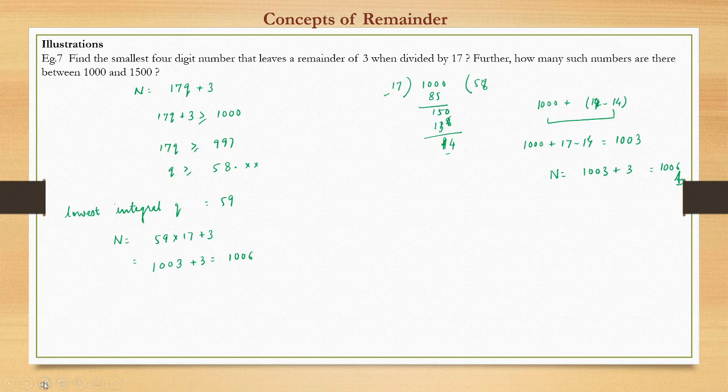Now we will see the second part of the question, which says how many such numbers are there between 1000 and 1500. So it's saying that 17q plus 3, right, is between 1000 and 1500.